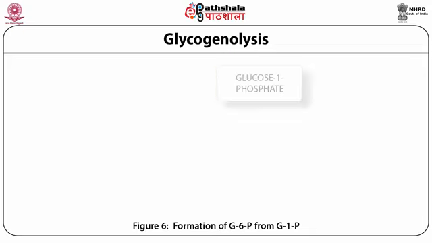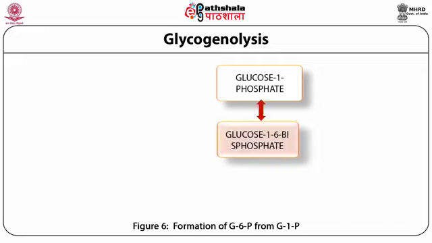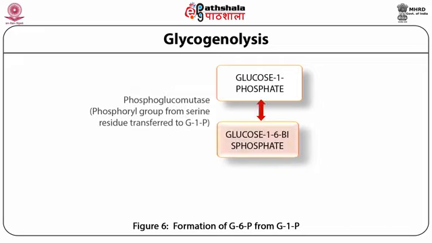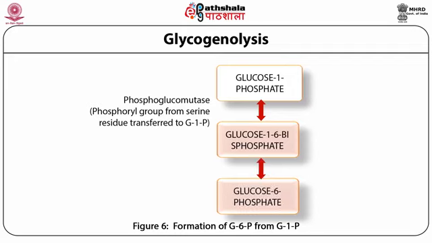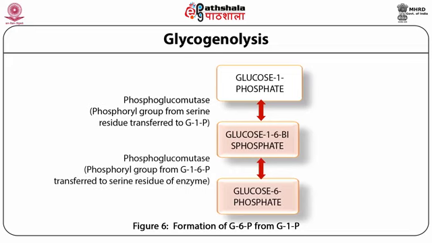You can see that glucose 1-phosphate is converted to glucose 1,6-bisphosphate by the enzyme phosphoglucomutase. Over here, the phosphoryl group from the serine residue is transferred to glucose 1-phosphate. Now this glucose 1,6-bisphosphate is converted to glucose 6-phosphate with the help of, again, the enzyme phosphoglucomutase. Over here, the phosphoryl group from glucose 1,6-bisphosphate is transferred to the serine residue of the enzyme.